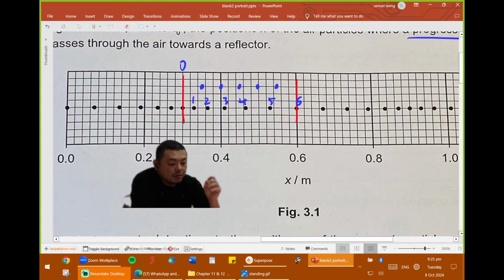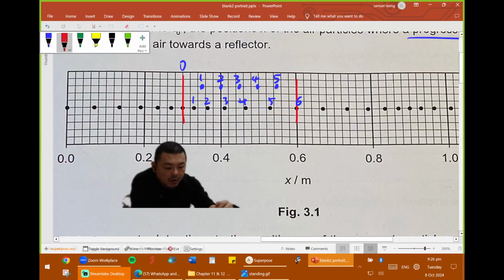Then this guy is 1, 2, 3, 4, 5, right? And then you choose which one got displaced by the most. Looks like number 3 got displaced by the most.